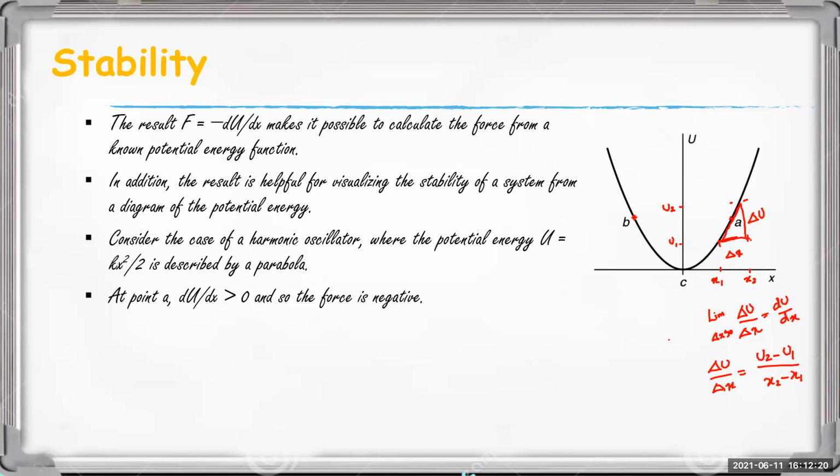Okay, then what about at B? At B also, here we draw this one. Then I take the same points, u2 and u1. It may be different also.